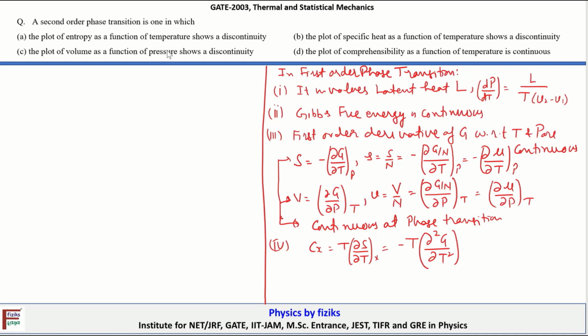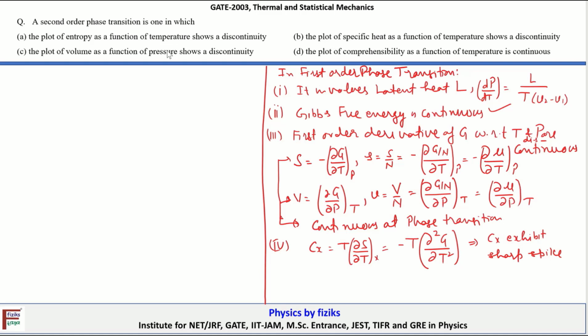So this is going to be discontinuous, because dT is equal to 0, so Cx exhibits a sharp spike. So here, instead of writing continuous, the first order derivatives of G with respect to T and P are discontinuous, not continuous but discontinuous.